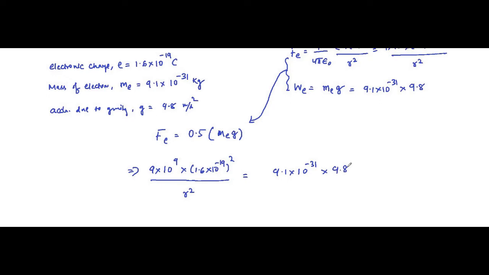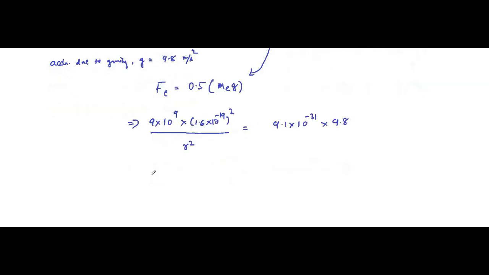That implies r square is equal to 9 into 10 to the power 9 into 1.6 into 10 to the power minus 19 whole square by 9.1 into 10 to the power minus 31.